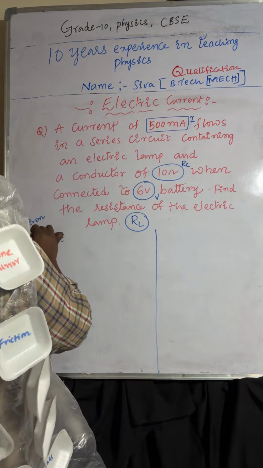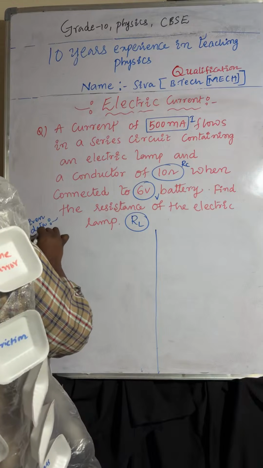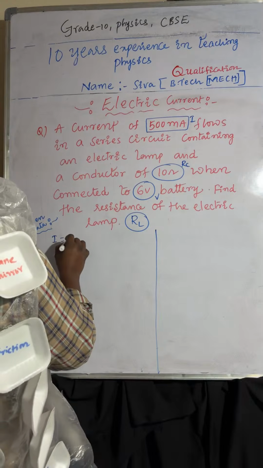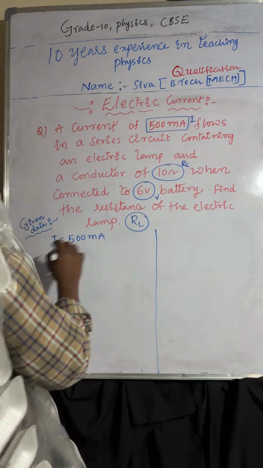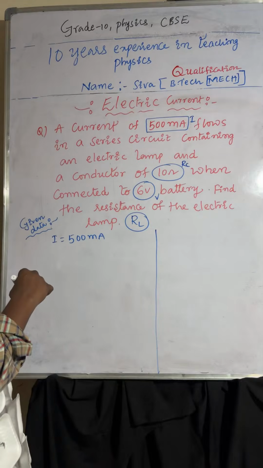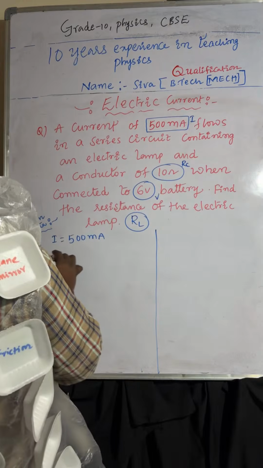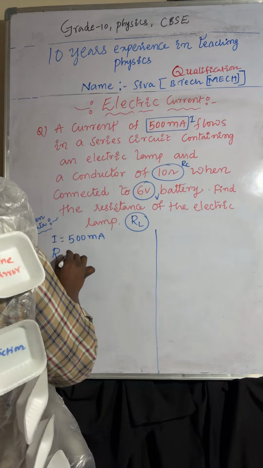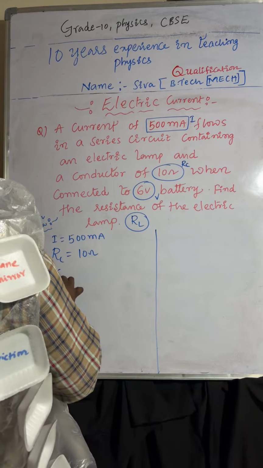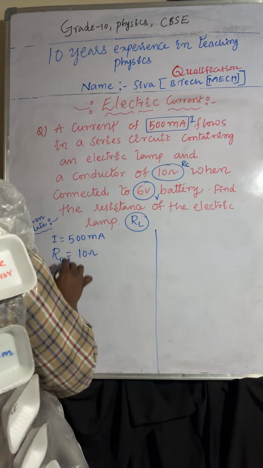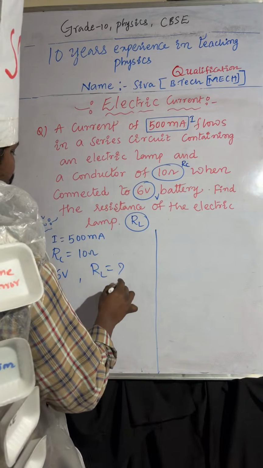I equal to 500 milliampere, RC is given, RC equal to 10 ohm, and the potential difference is 6 volts. So we have to find out RL, right?